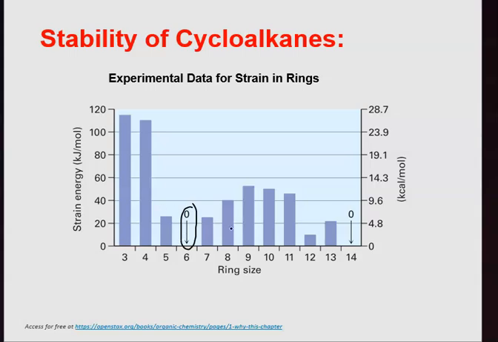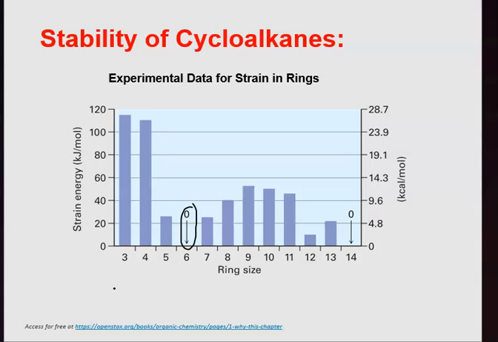The reason we can explain this experimental data is by understanding that Baer's theory was wrong for the simple reason that he assumed that all the cycloalkanes have a planar structure, or that they were all flat.